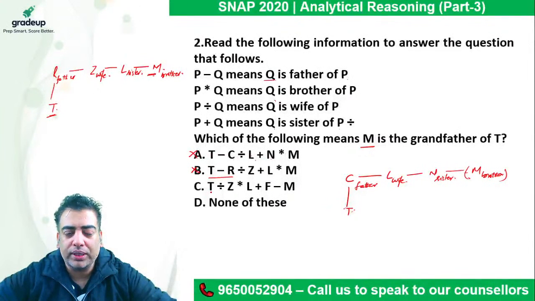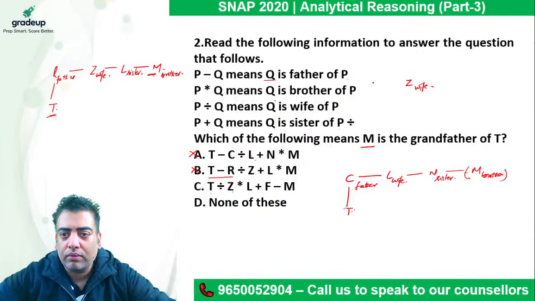In case of option C, it says T divided by Z means Z is the wife of T. So T must be the husband.